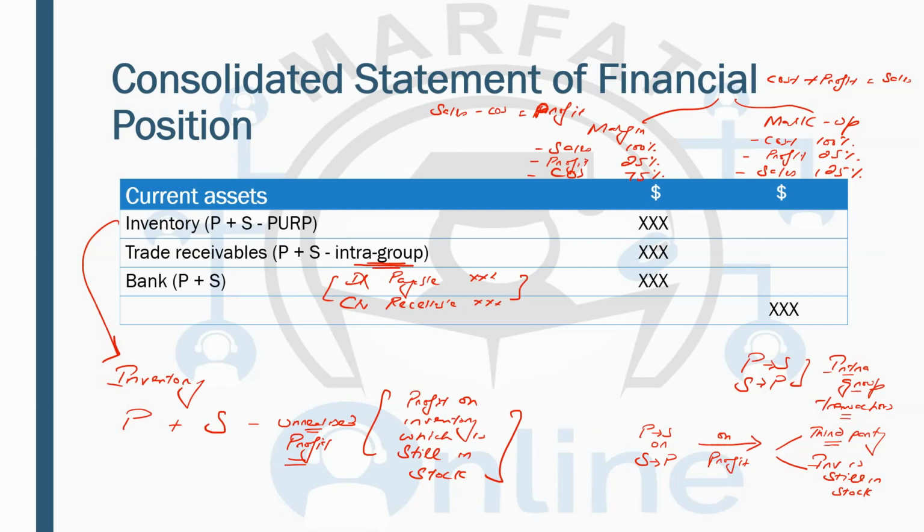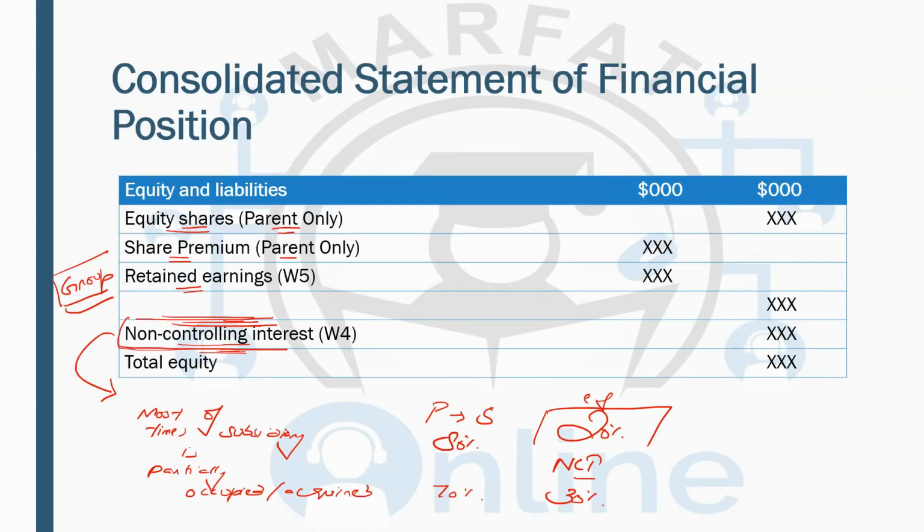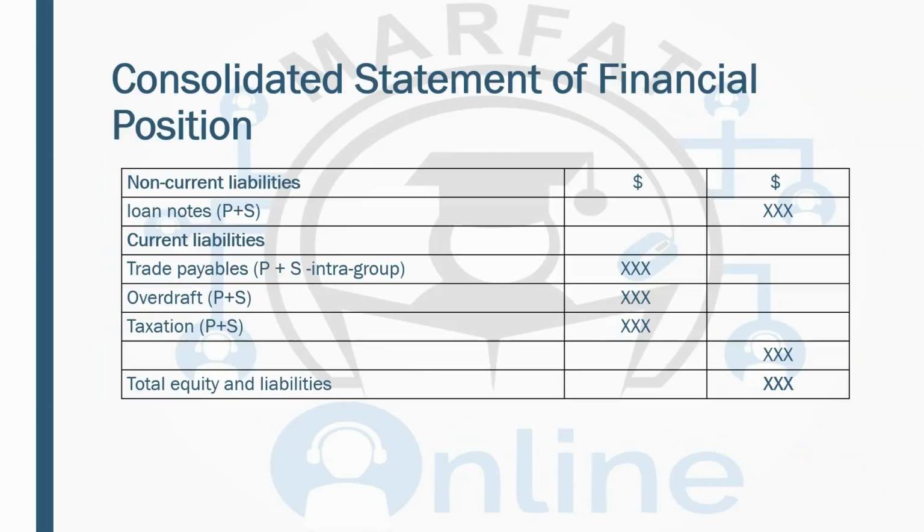So we eliminated one balance from the receivables by crediting the receivables, and we eliminate one balance from the payables by debiting the payables. So this is the same entry: debit payables, credit receivables. Then you have the overdraft, then you have the taxation, and it gives you the total equity and liabilities.